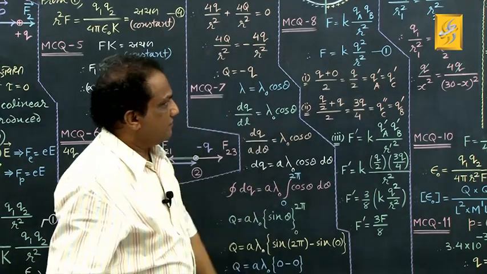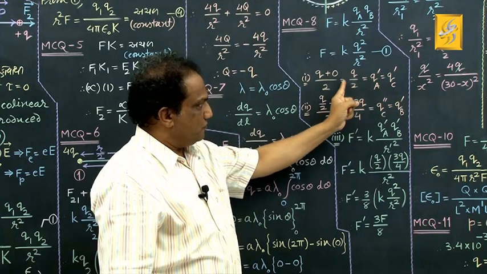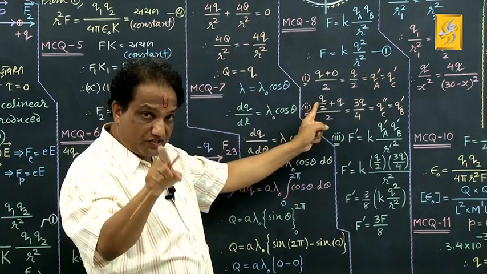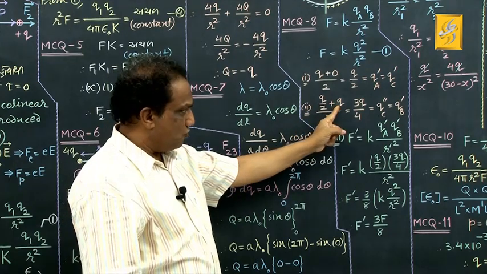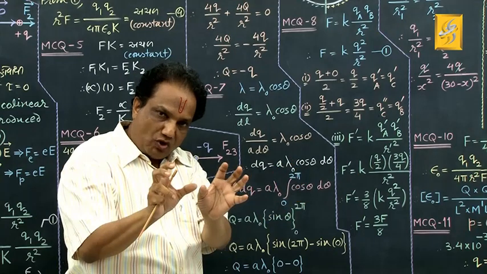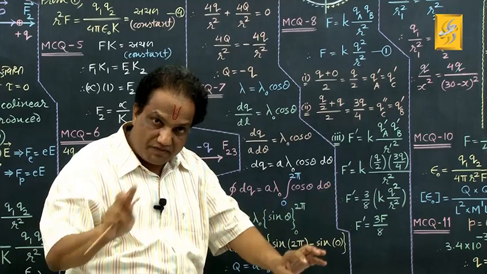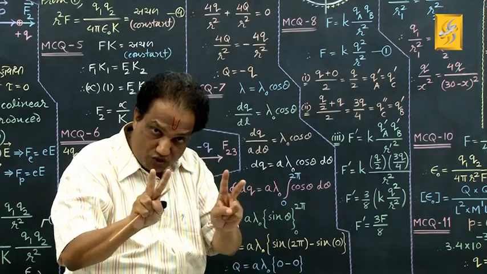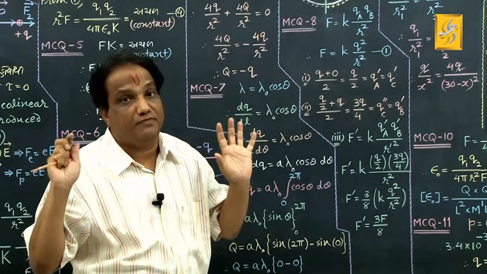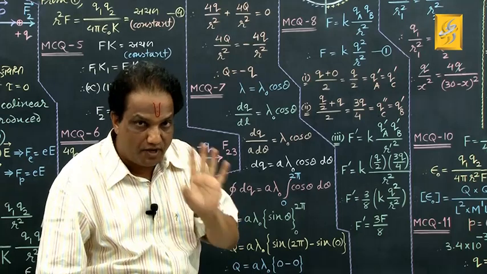And now what is done? Now the charge on sphere C is Q by 2 and that sphere C is brought in contact with sphere B which has charge Q, and then they are separated. When two identical spheres are brought in contact and then separated, the equal charge present on both of them will be summation divided by 2.